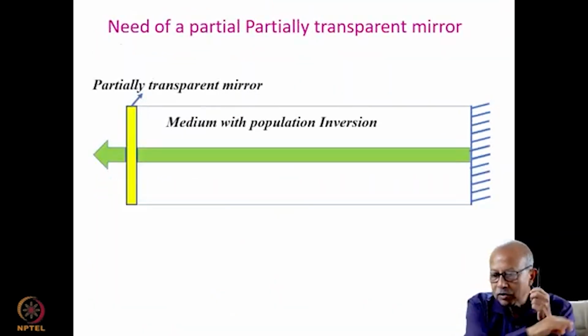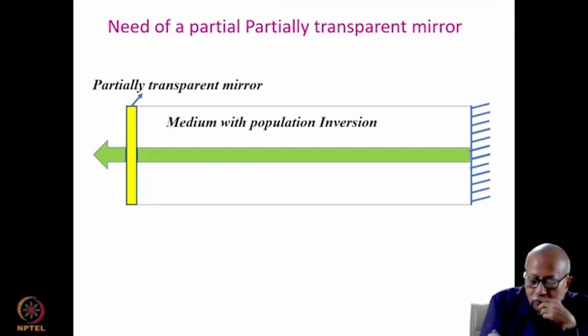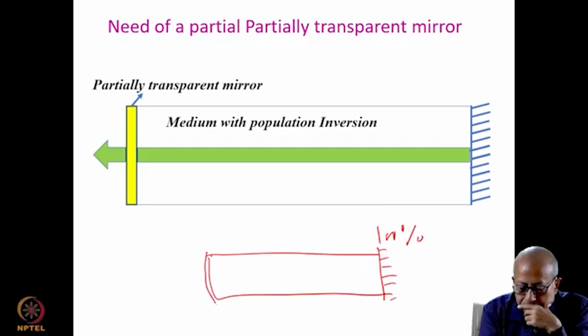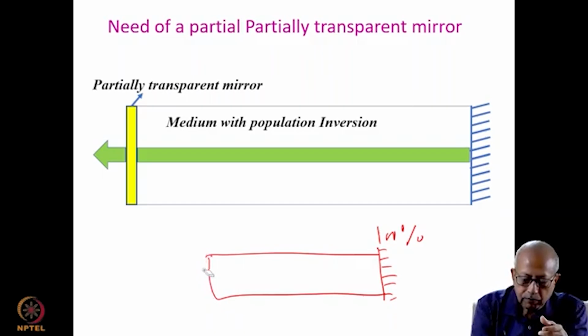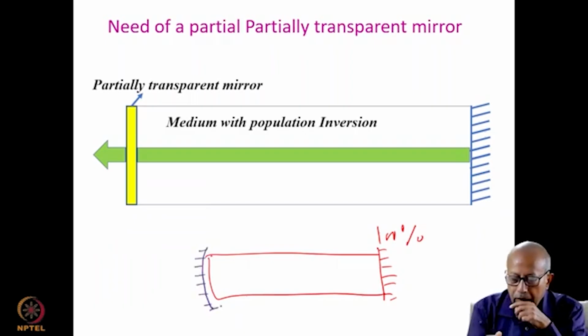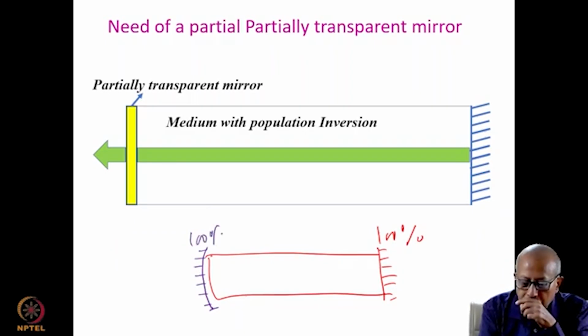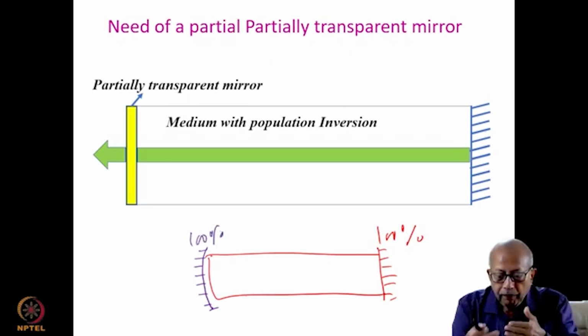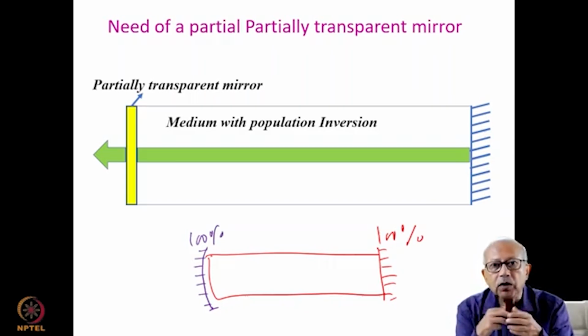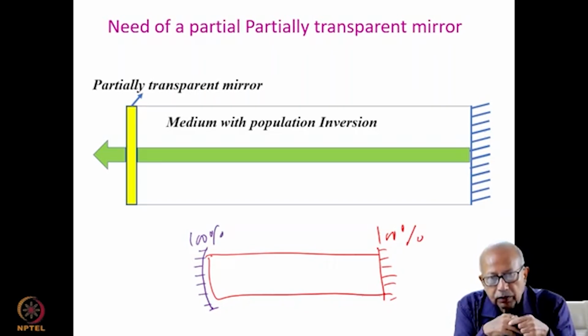However, there is still another issue. If both the mirrors are 100% reflective, then of course light is growing inside the cavity because of amplification due to stimulated emission of radiation.